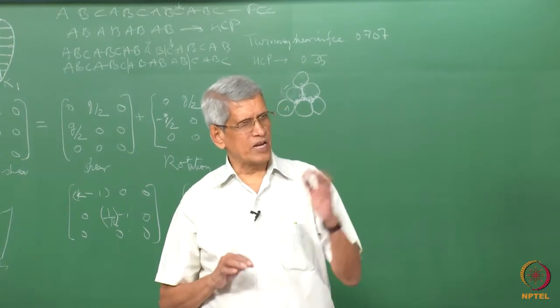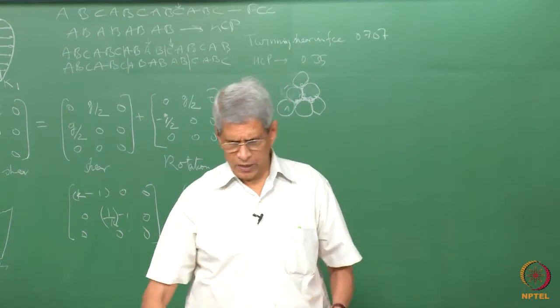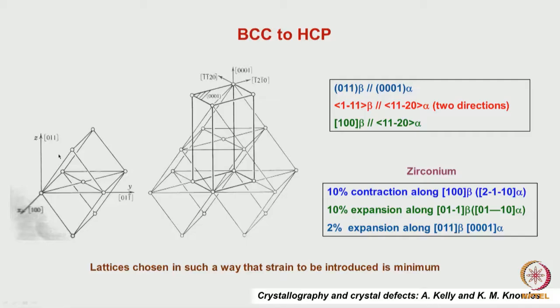For that, the unit cell chosen is non-primitive and contains 2 atoms per unit cell, because HCP also contains 2 atoms per unit cell. It is chosen in such a way that this is the 100 direction, this is the 011 bar direction, this is the 001 bar direction. This is how this unit cell looks.